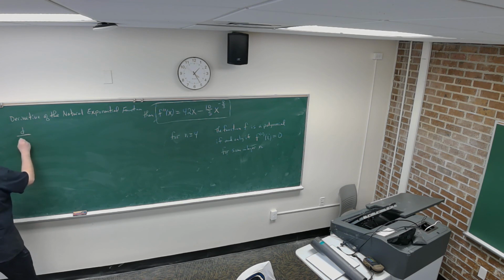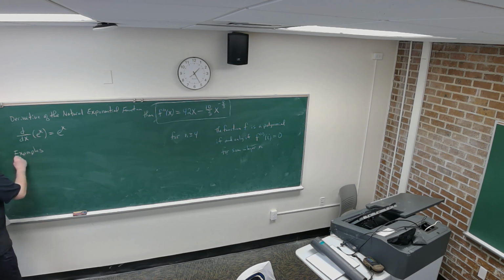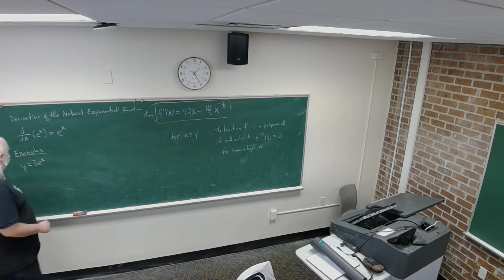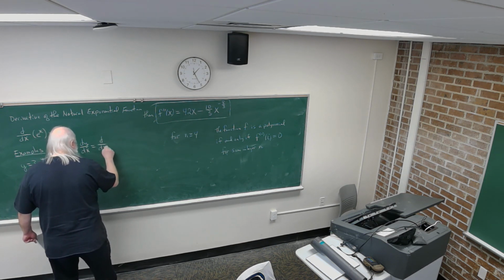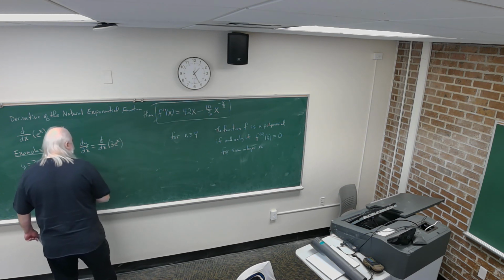The derivative of e to the x is just e to the x. Couple examples. y is equal to 3 times e to the x. So the derivative of y with respect to x is equal to the derivative of 3 times e to the x.